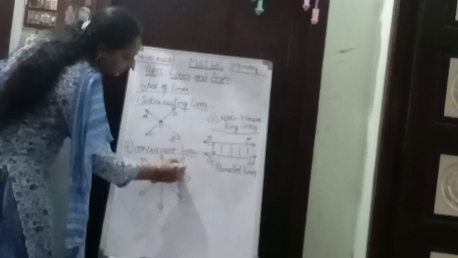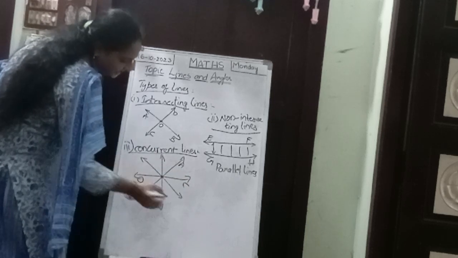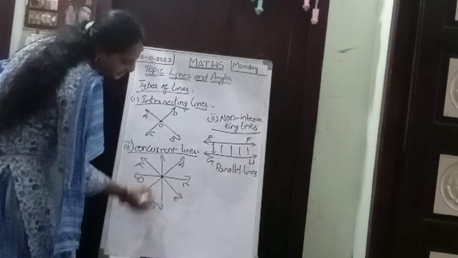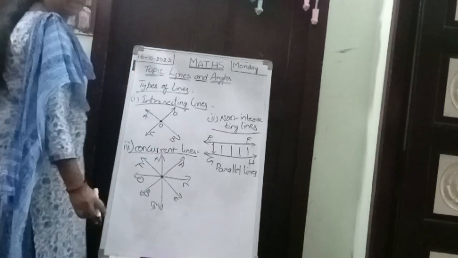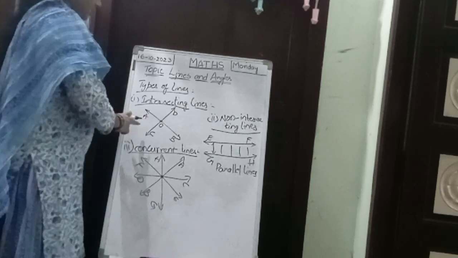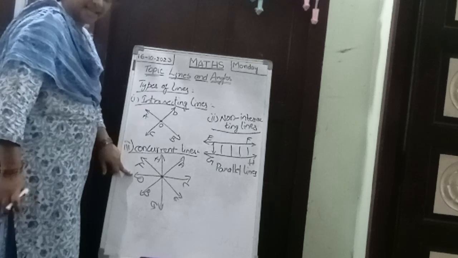Here I took AB one line, CD second line, EF third line, GH fourth line. So, once see, this is intersecting lines and this is concurrent lines, right?